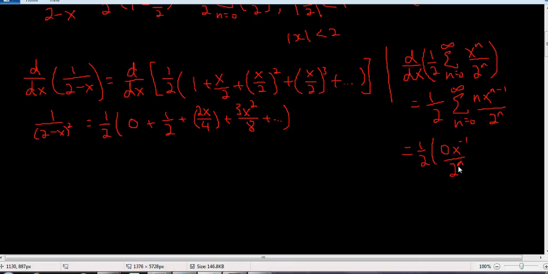Sorry, 2 to the 0, if I'm plugging in n equals 0, and then I have the rest of the series. So the series just looks like n equals 1 to infinity n x to the n minus 1. It's the exact same thing as before. You might get kind of confused: this is like 0 over x, but sometimes x can be chosen to be 0. So this term is rather problematic.